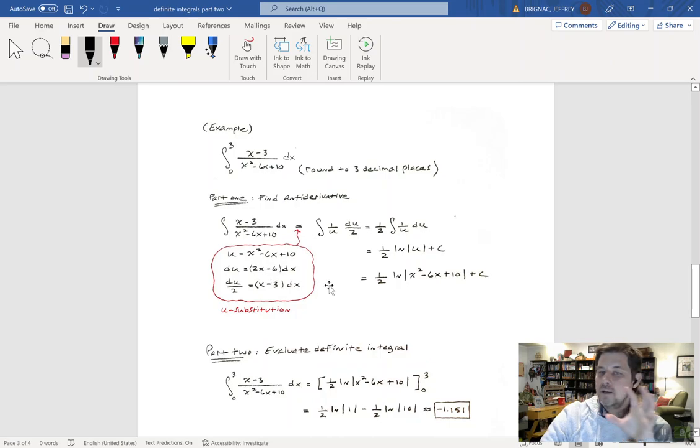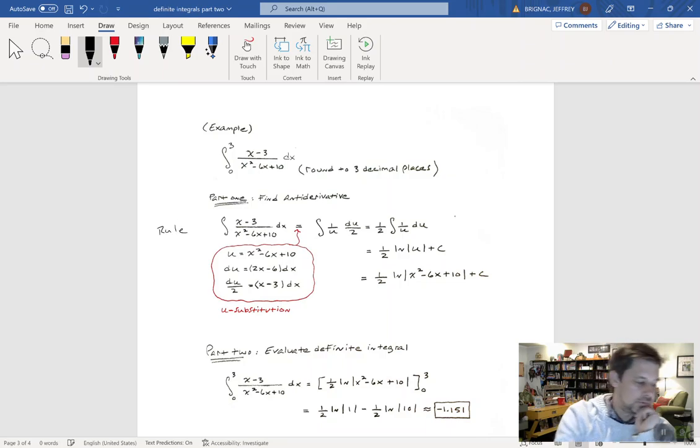So what I was thinking when I saw this is that the rule would be 1 over u du, because I've got this thing down there. And I noticed that if I took the derivative of it, I almost get that thing up there.